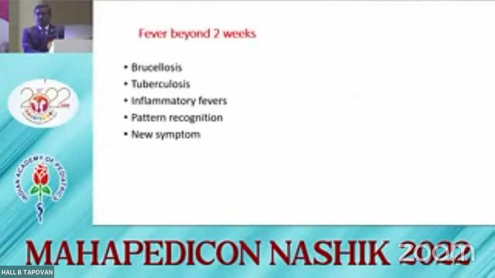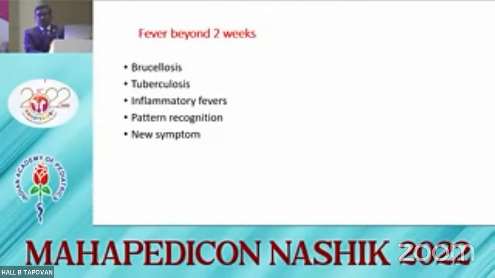So in fever beyond 2 weeks, very few bacterial infections remain, and brucellosis, tuberculosis, and sometimes, in the unfortunate patient, rickettsia can be the cause. And we have heard a very good lecture this morning about pattern recognition in rheumatic conditions and inflammatory fevers.